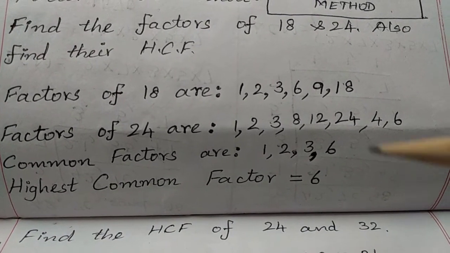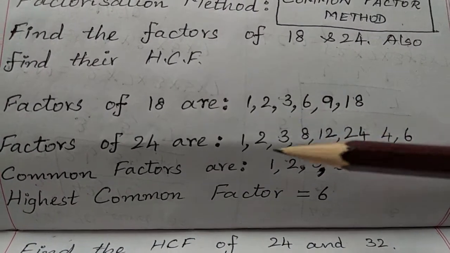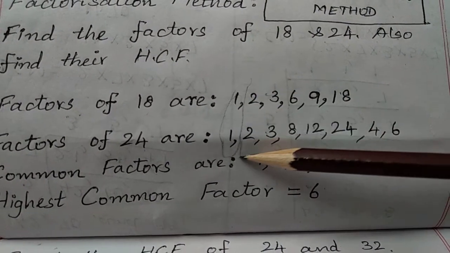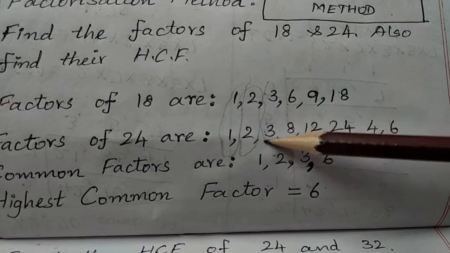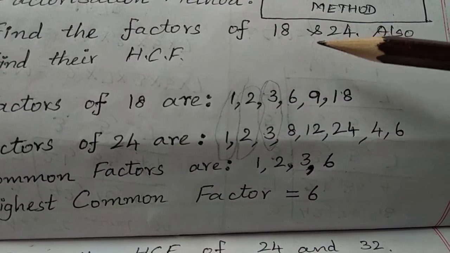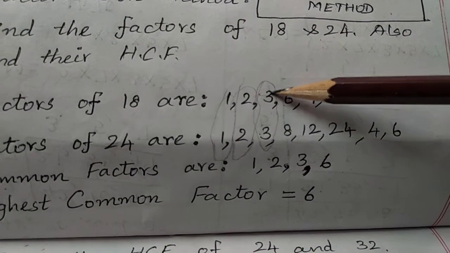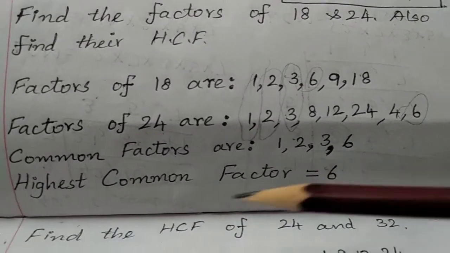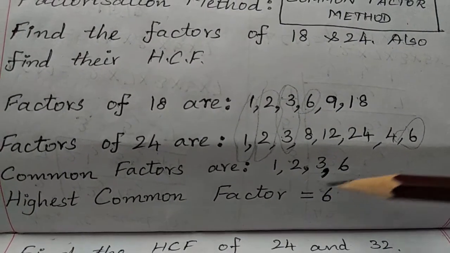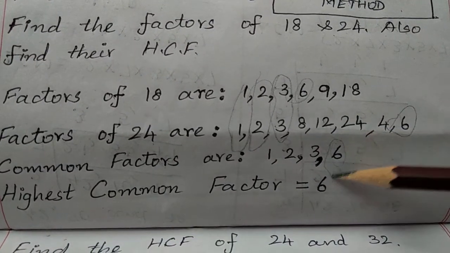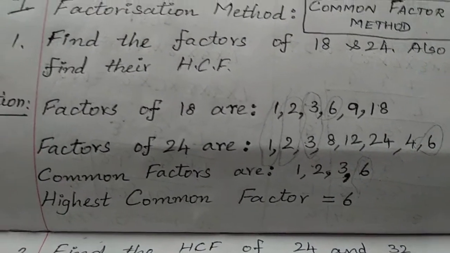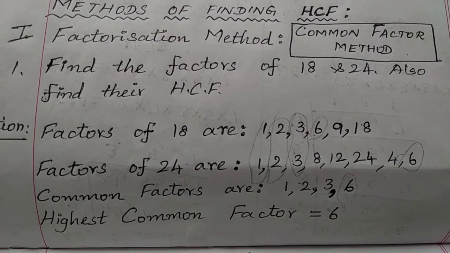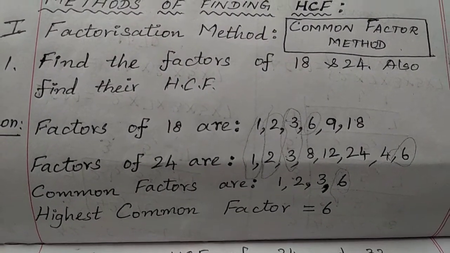Factors of 24 are written. Common factors are 1, 2, 3 and 6. The highest common factor is 6. So HCF is 6. This is the method of factorization by which we are finding the HCF of given two numbers.